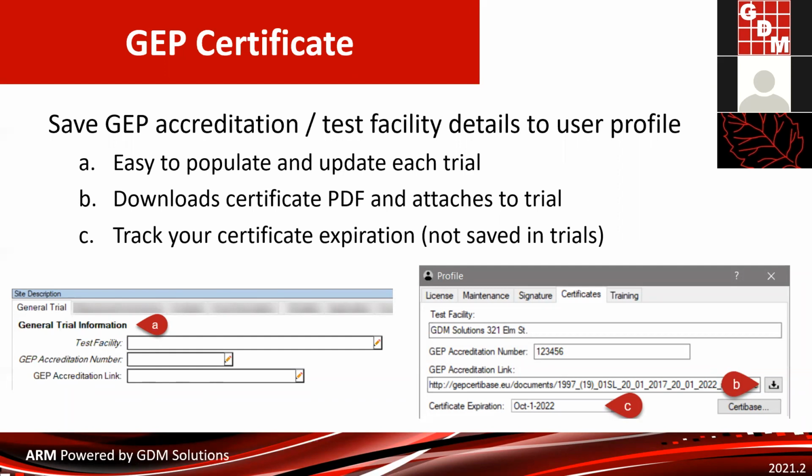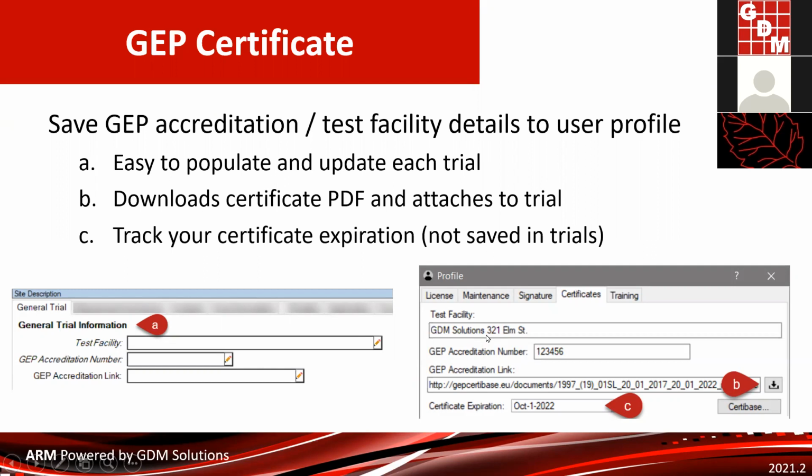So that had to be filled in for every single trial that people would be working on. And so the idea was, instead of hand filling that in every time with the same information, if you're at that same location, let's take those details and put them into the profile.